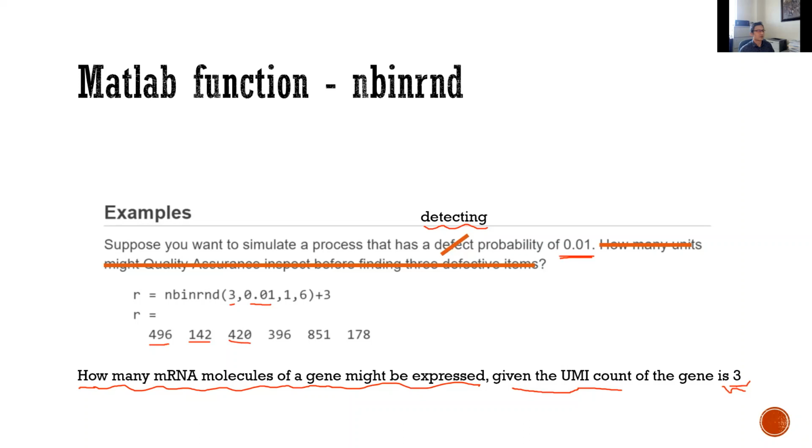There's an average around these vectors. Okay, so that's the example of how you simulate the original gene expression average given the UMI using the negative binomial distribution.